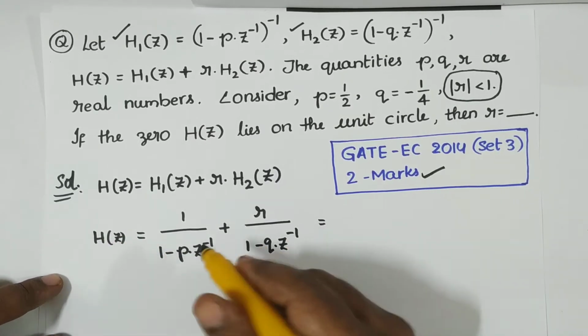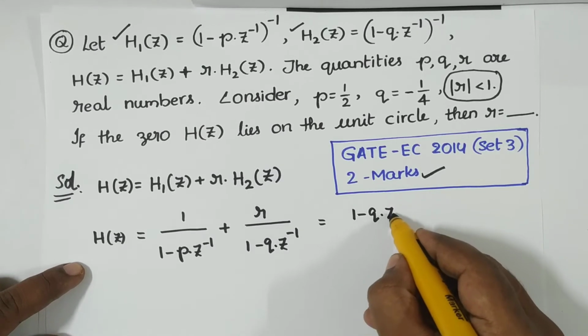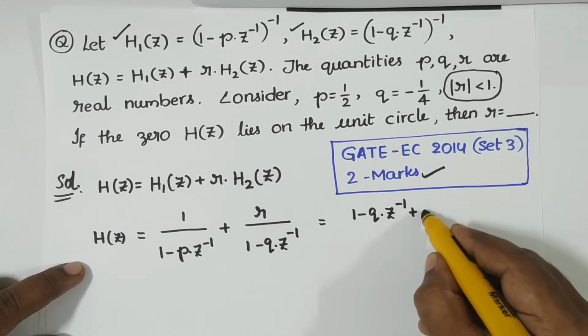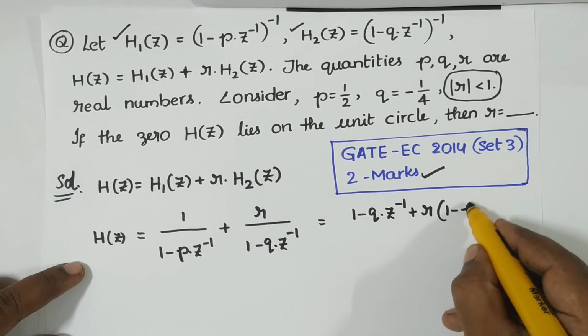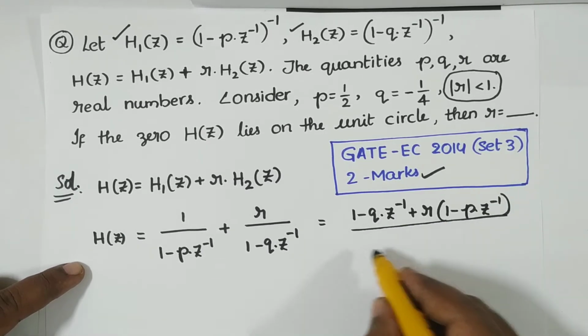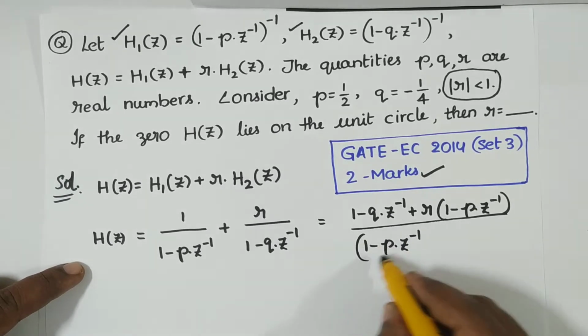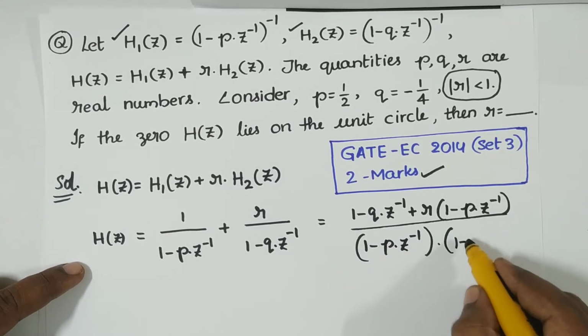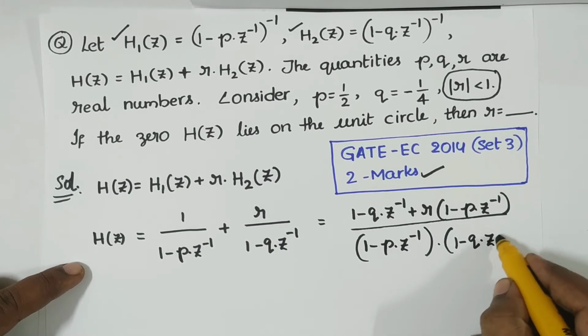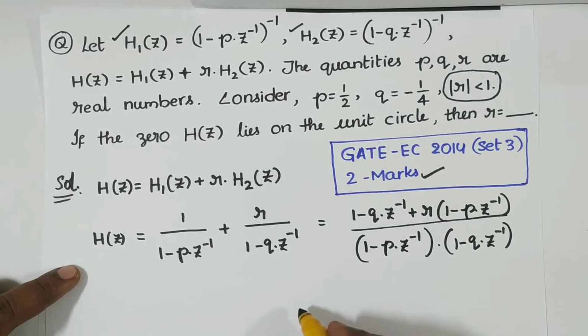Now you simply go for its simplification. You get 1 minus q z power minus 1 plus r multiplied by 1 minus p z power minus 1, divided by 1 minus p z power minus 1 multiplied by 1 minus q z power minus 1. Alright, so further we can simplify this as follows.